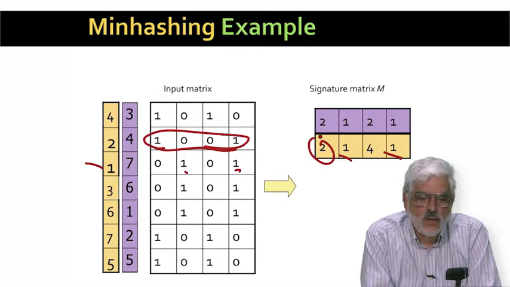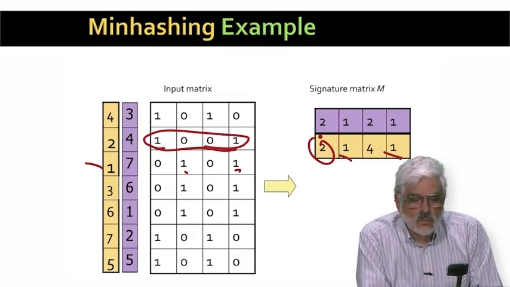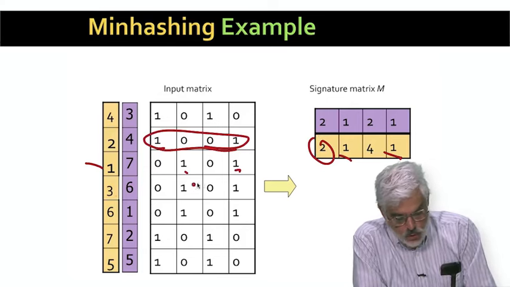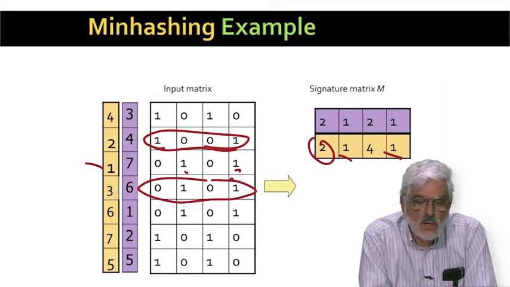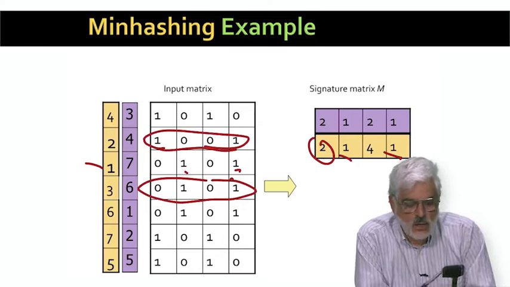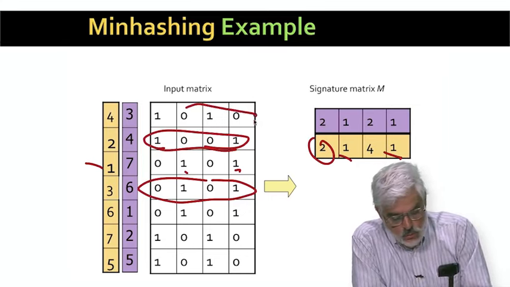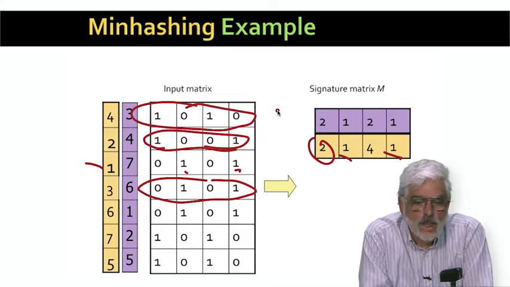We still don't know the value for column 3 because neither of the 2 rows examined so far have 1 in that column. So we proceed to the third row in the permuted order, which is row 4. And it has 1's in columns 2 and 4, but both these columns have smaller values already, so we're still not done. So we move on to the fourth row, which happens to be the top row here.